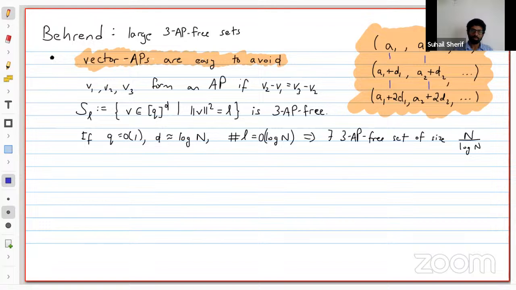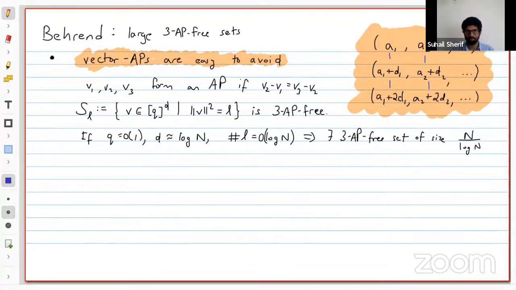So in the case where Q over here is just like a constant and D is approximately log n, this gives us n vectors, and the number of possible lengths that you can have is going to be, the smallest length you can have is say 0, and the largest squared length you can have is Q squared times D. And so with these parameters, this is just like order log n many different lengths.